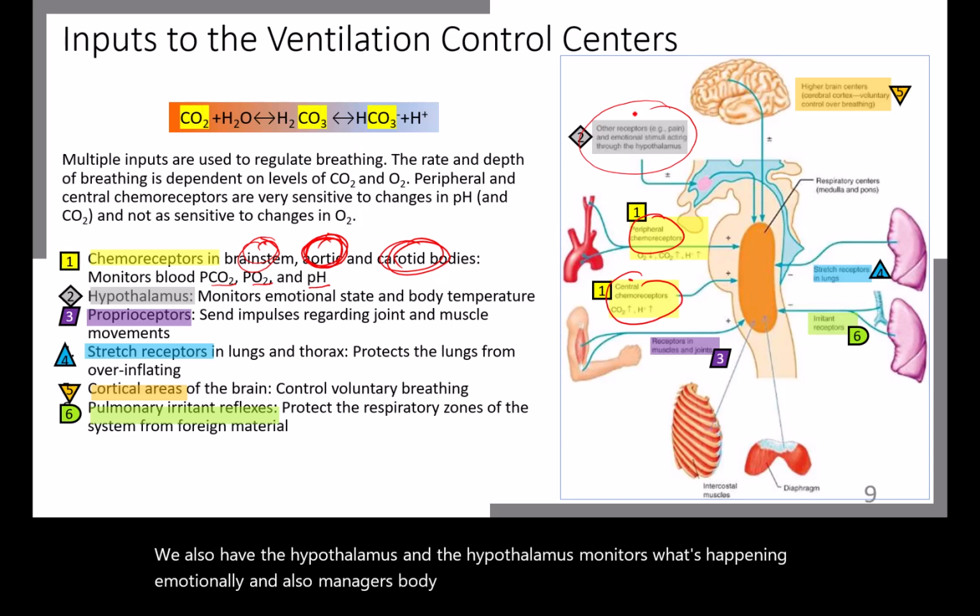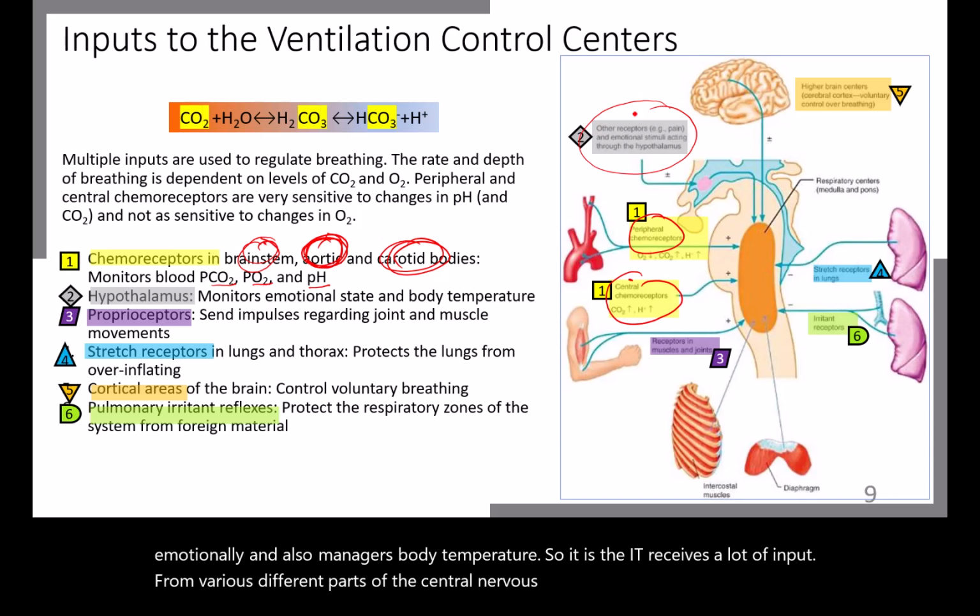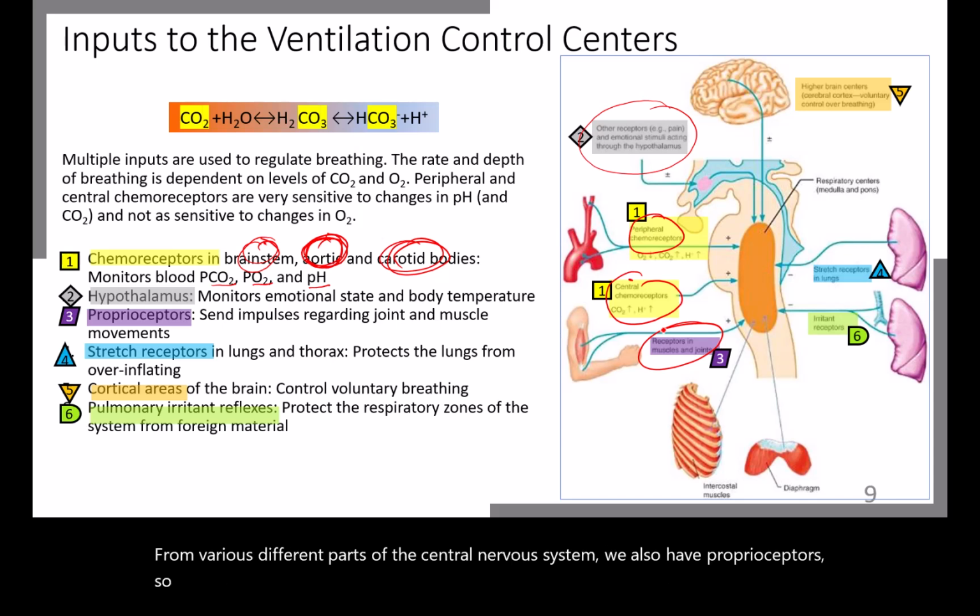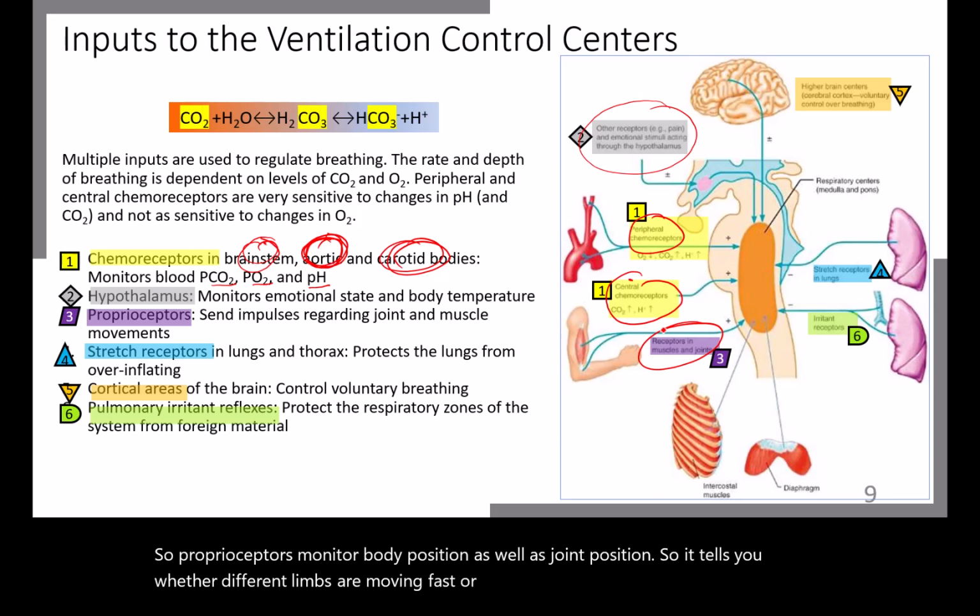So it receives a lot of input from various different parts of the central nervous system. We also have proprioceptors. So proprioceptors monitor body position as well as joint position. So it tells you whether different limbs are moving fast or not at all.